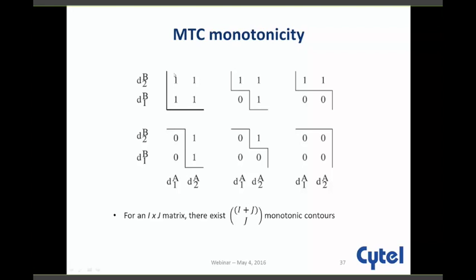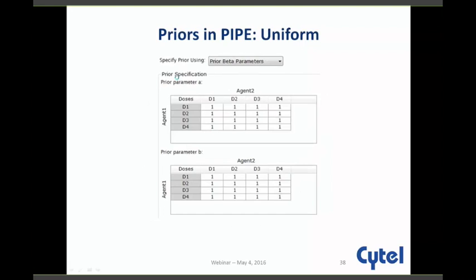Now, the probability of toxicity for each one of those dose levels will be a priori modeled with a beta distribution. The beta distribution can be specified directly with the parameters of the beta. So this is a case which corresponds to a uniform distribution, essentially. This is a beta(1,1) for each one of the agents.